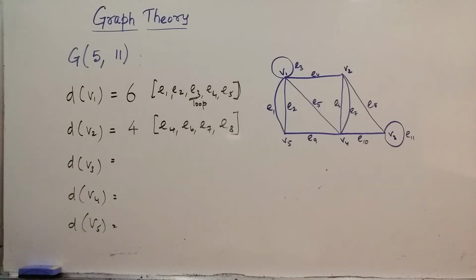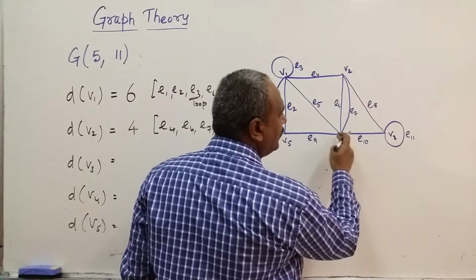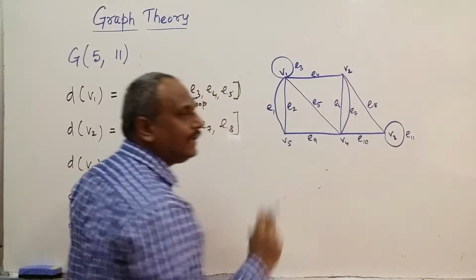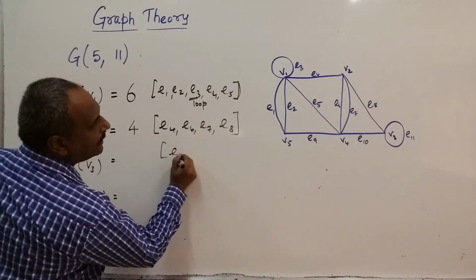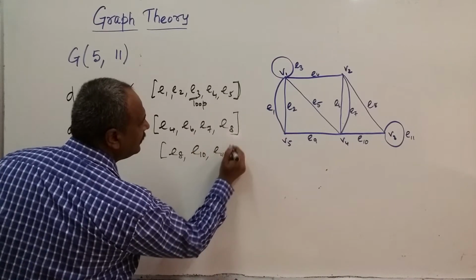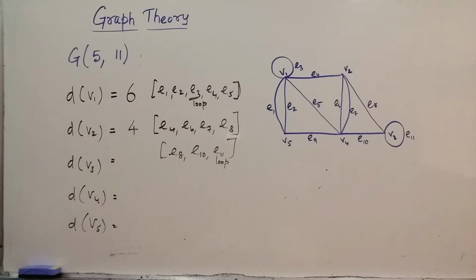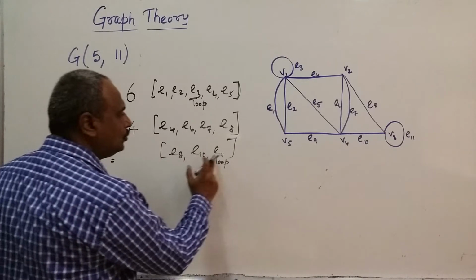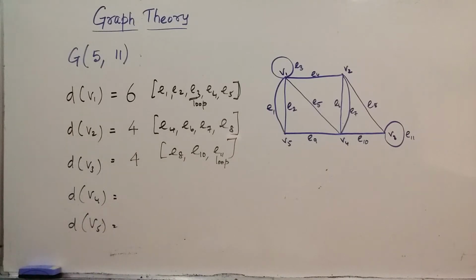When we check V3, I check how many edges. We have E8, E10, E11, but E11 is a loop again. So we have E8, E10, E11, where E11 is a loop. That means 1, 2, and 2 plus 2, so 4.